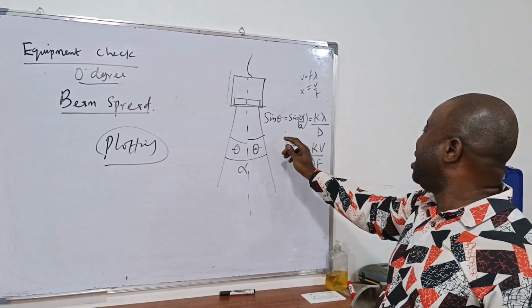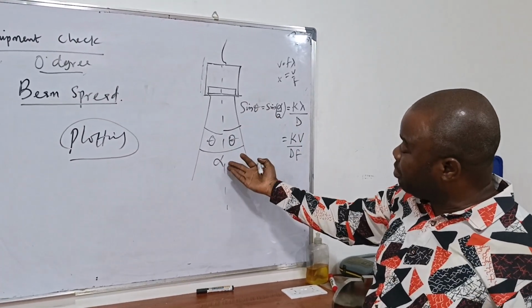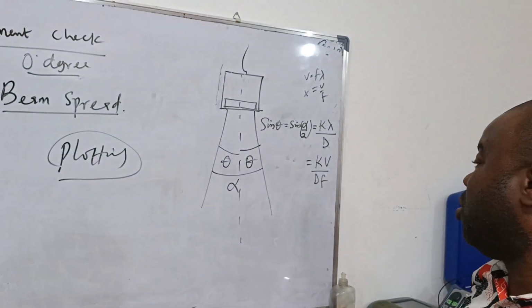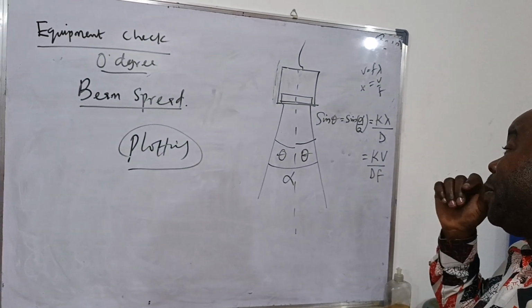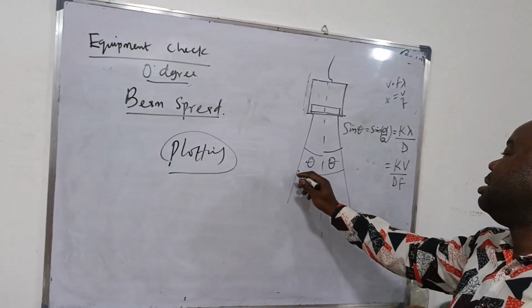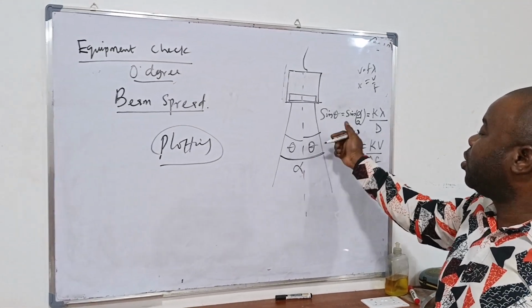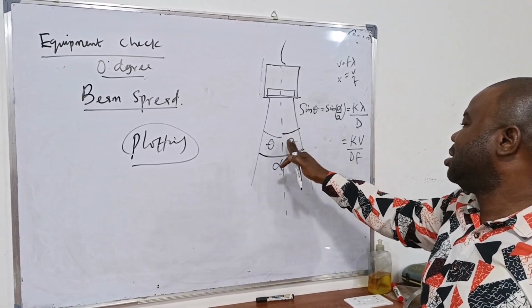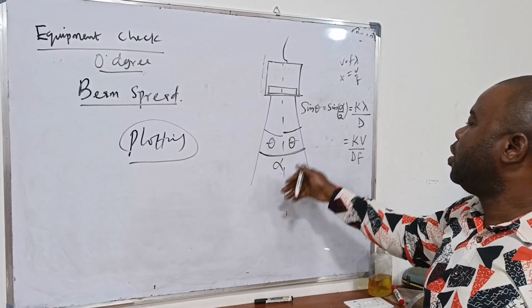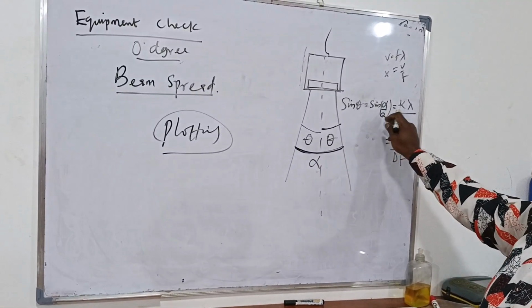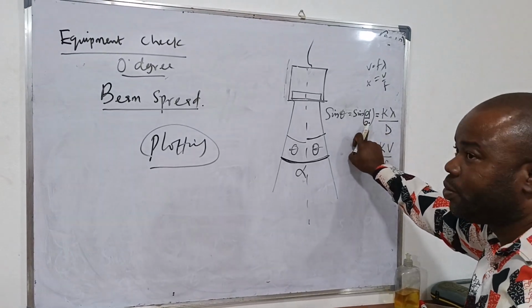Mathematically, we normally calculate it. I am writing the formula this way so that some people don't get confused, because sometimes some people mistakenly calculate this full one and call it beam spread, or calculate this one and mix it up. If you are calculating this complete angle, you have to divide by 2.